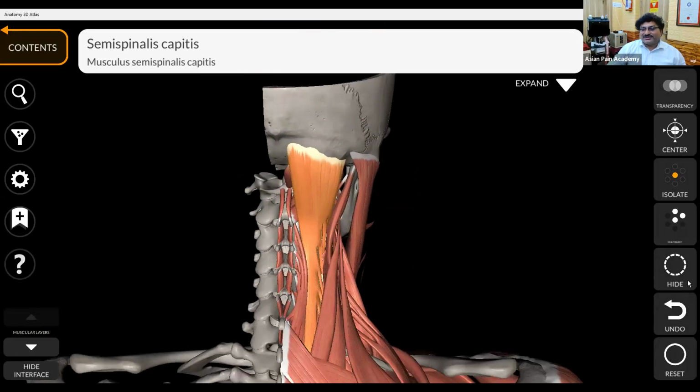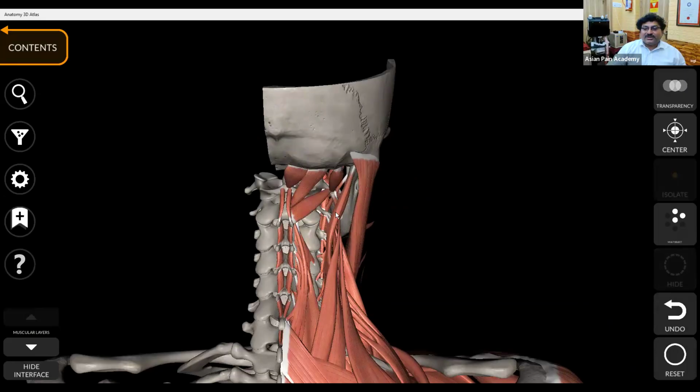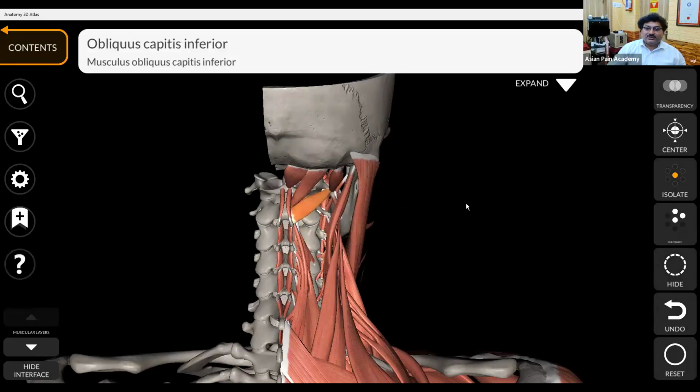Semispinalis capitis. And underneath, what is the muscle? Obliquus capitis inferior. And this one? Obliquus capitis superior. Yes. This is rectus capitis posterior major. This is rectus capitis posterior minor.